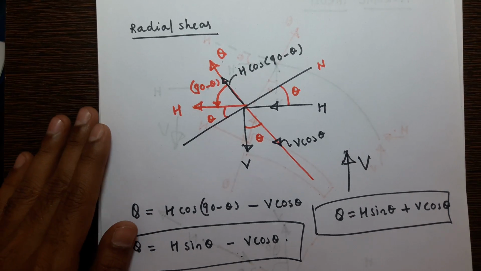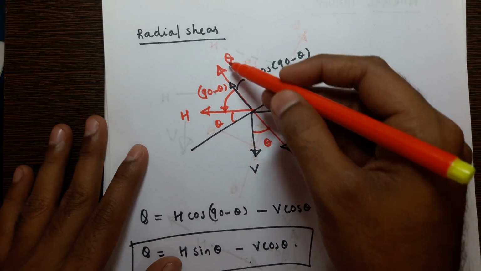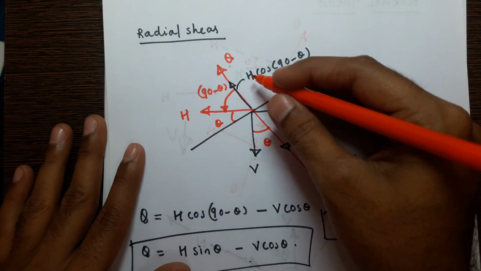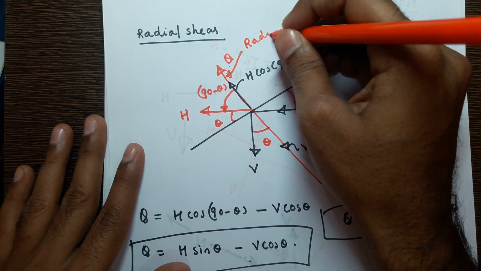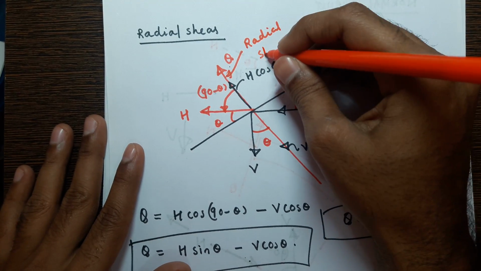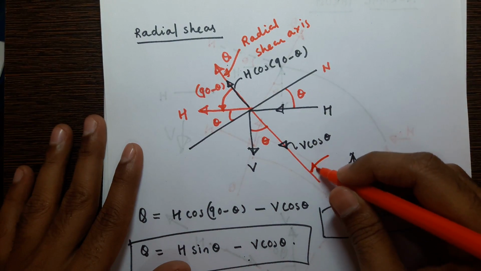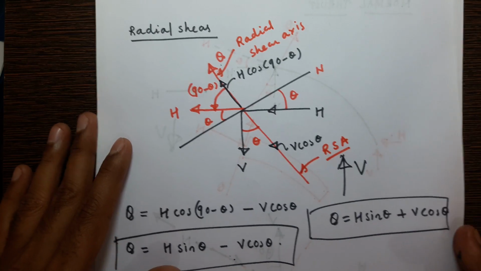Now we need to understand how to derive the formula for radial shear. This is the direction of radial shear, so I can call it the radial shear axis.